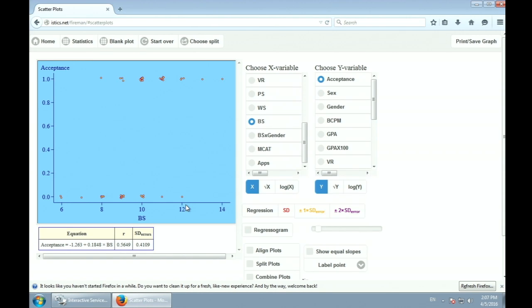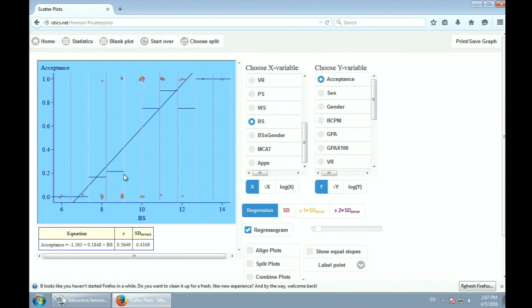So if you look at the regression line, what is that doing? Well, one way you can think about it is as estimating the average within each of these vertical strips. Here they both got 0s.